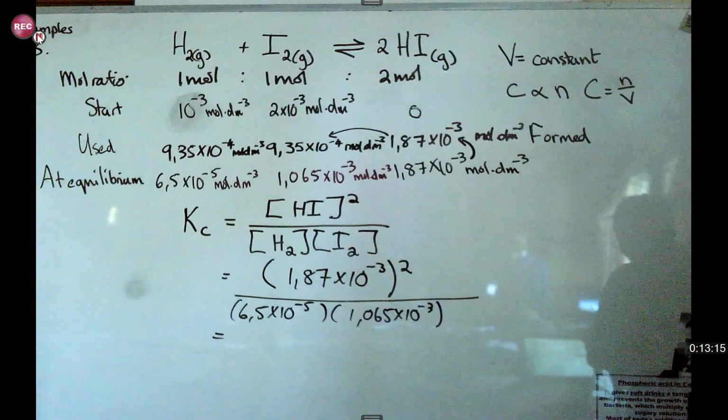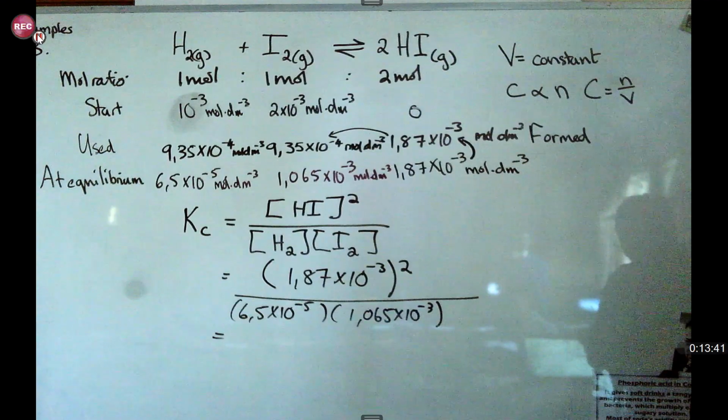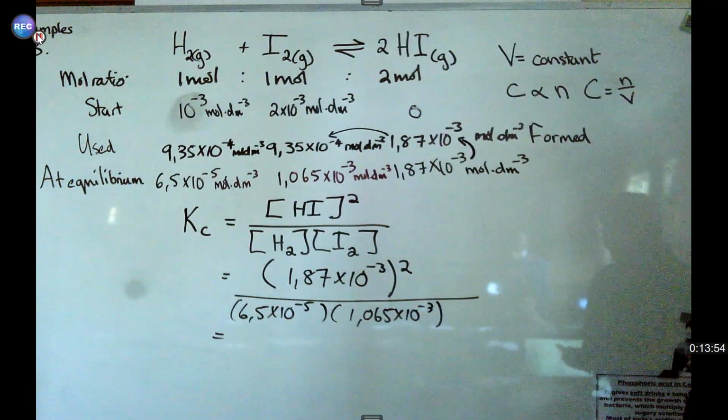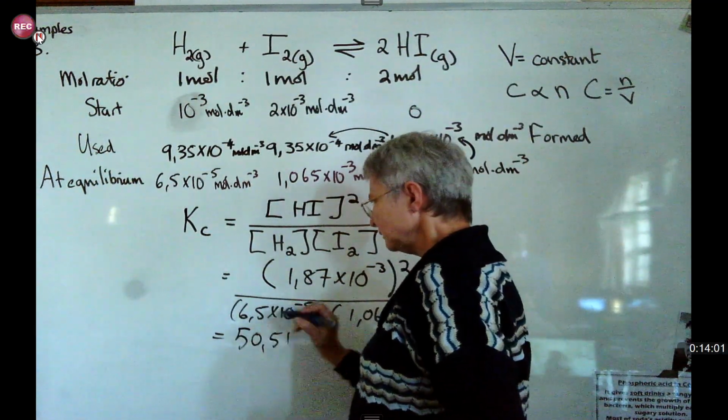This is a rounding error. I get 50.51. What does this value mean?